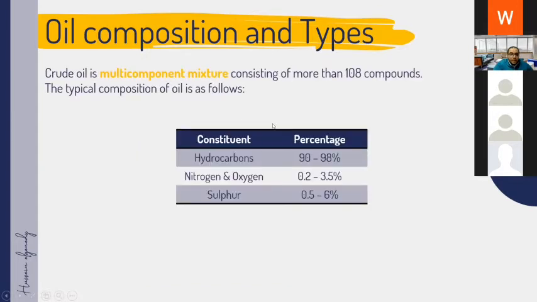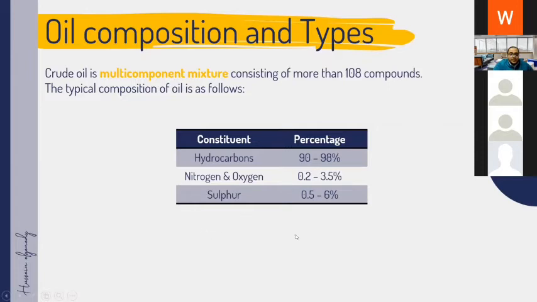The composition of oil: crude oil is a multi-component mixture consisting of about 108 compounds. The typical composition of crude oil is about 90 to 98 percent hydrocarbons, and 0.2 to 3.5 percent nitrogen and oxygen. When we say nitrogen and oxygen, it's not pure nitrogen and oxygen, it's nitrogen compounds and oxygen compounds, such as alcohols, esters and ethers maybe.